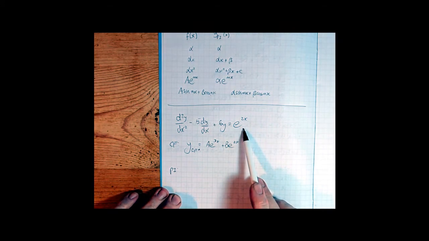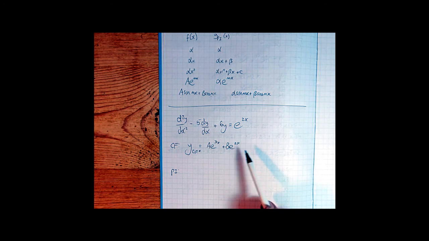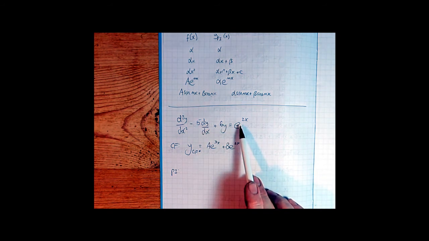But I've already got an alpha e to the 2x term in my complementary function. So it's already been used, if you like, by the complementary function. There's no point in adding another e to the 2x term, because I know already that's going to take it to 0.